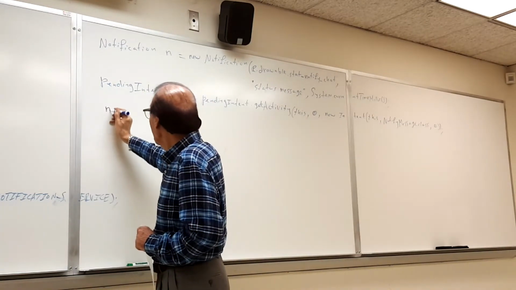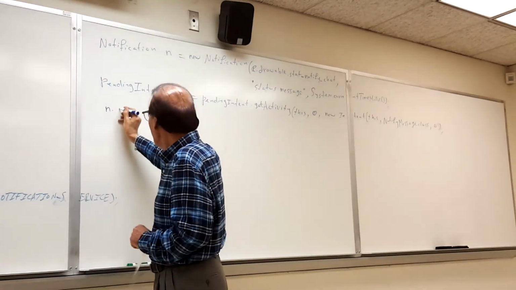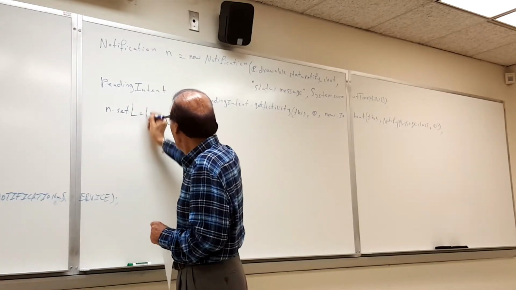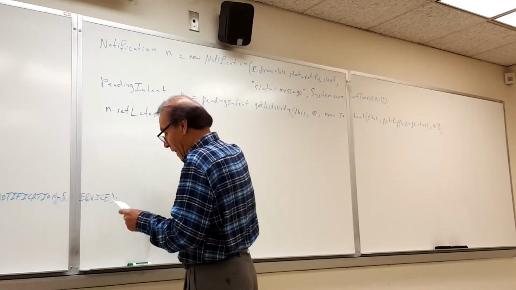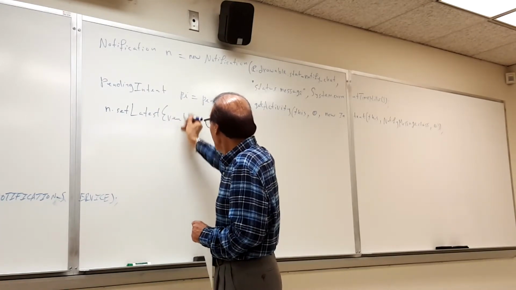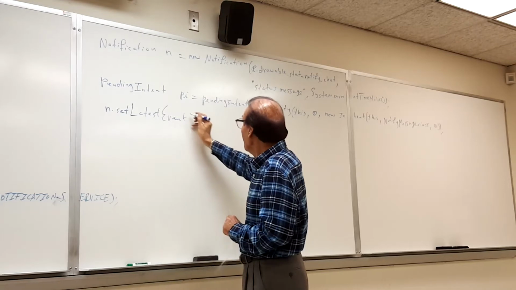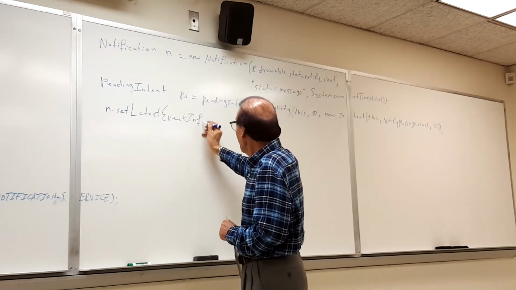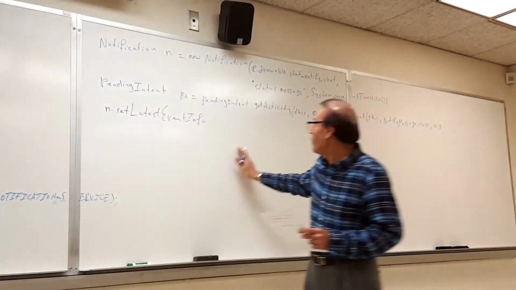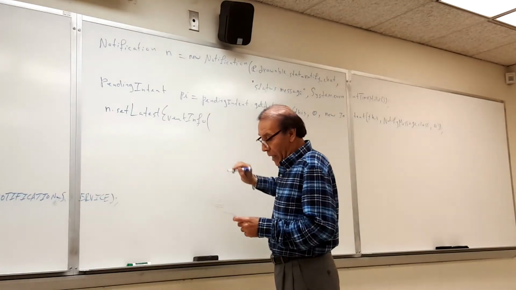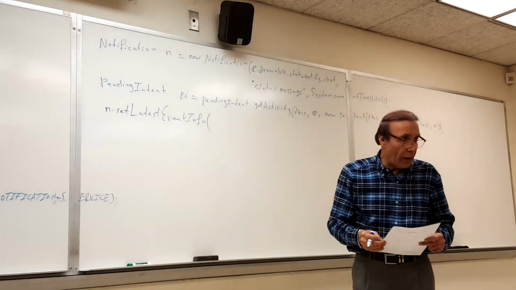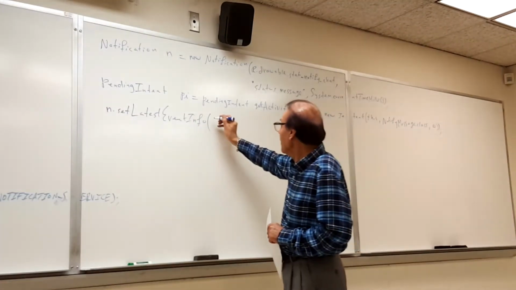n dot set latest event info. The first argument, I'm going to tell you what it does. The first argument is context again, this.